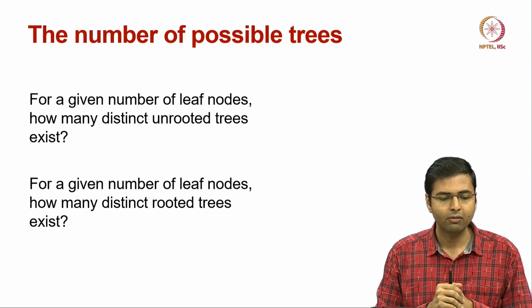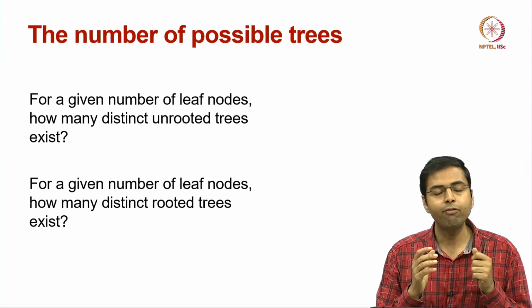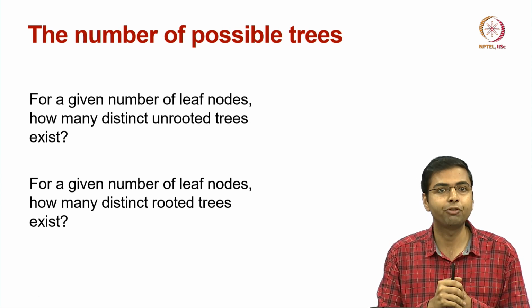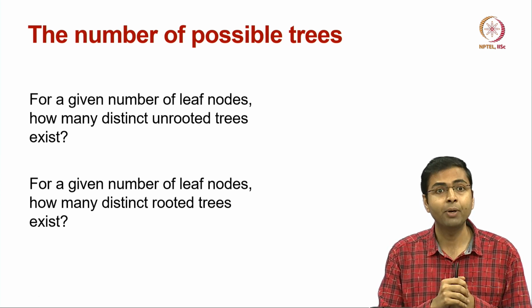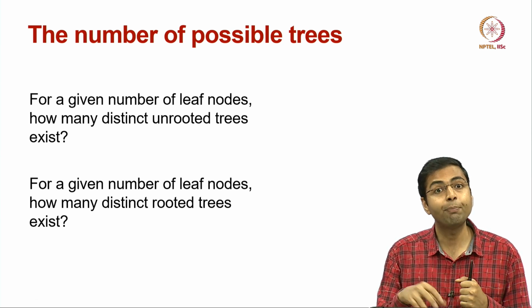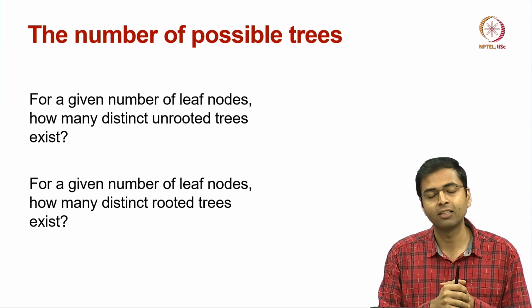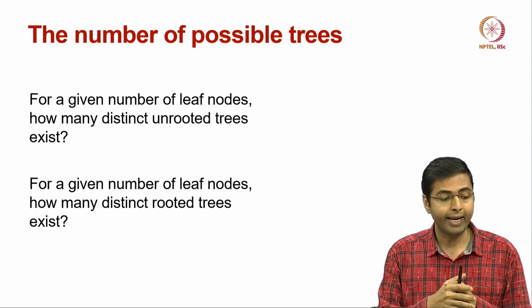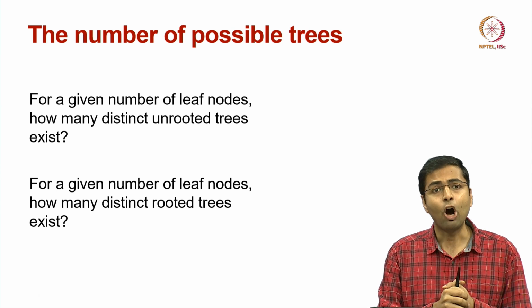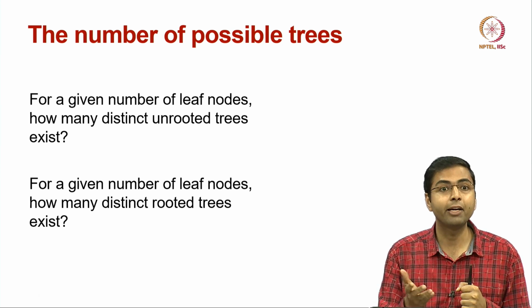So, one key challenge in phylogenetic tree reconstruction is the large space of trees. For example, the number of possible trees grows very fast if you keep increasing the number of leaf nodes. One can ask the following question: for a given number of leaf nodes, how many distinct unrooted trees can you draw?